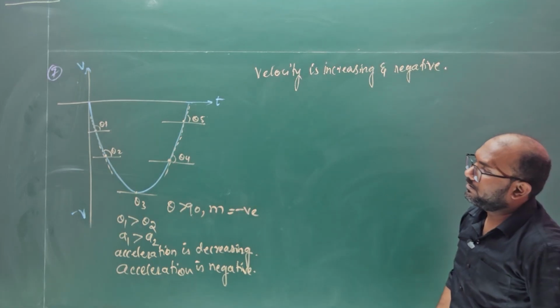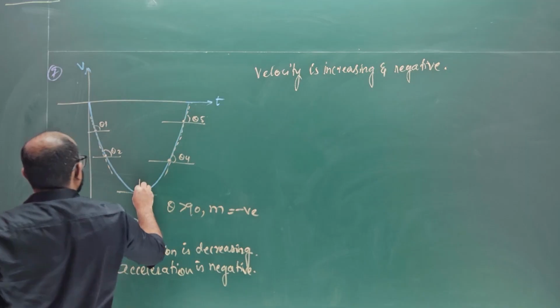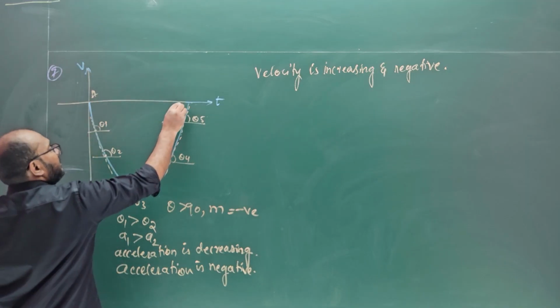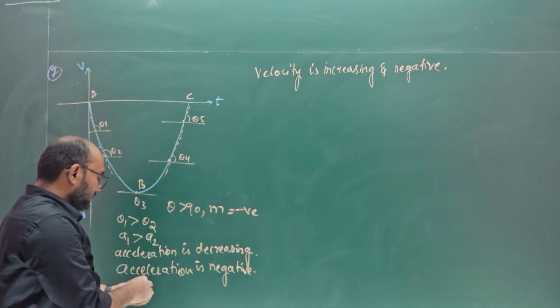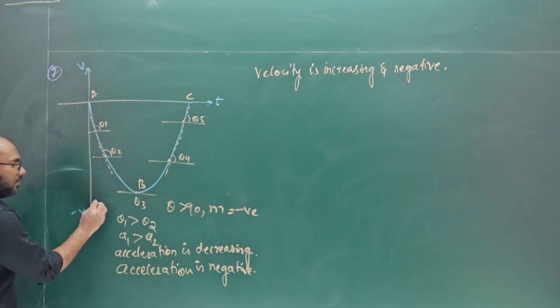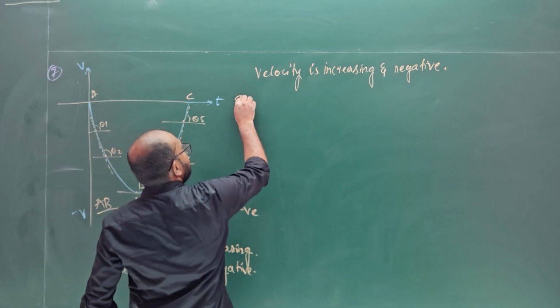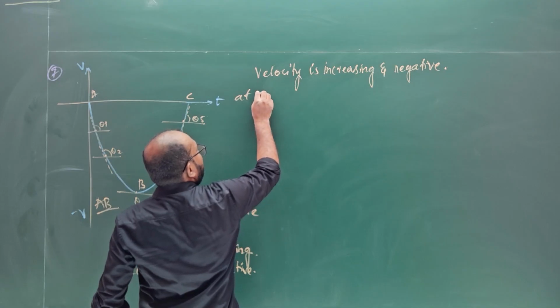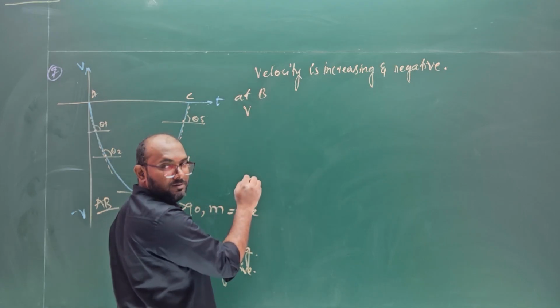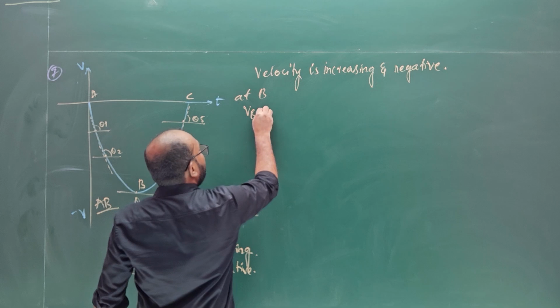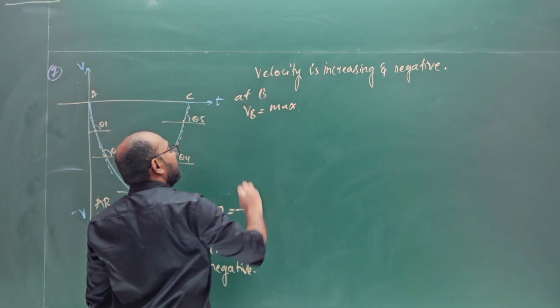At point B, let's say this is your point B, this is your point A, this is your point C. That means this story is all about A to B. Then at point B, velocity at B is nothing but the maximum value.